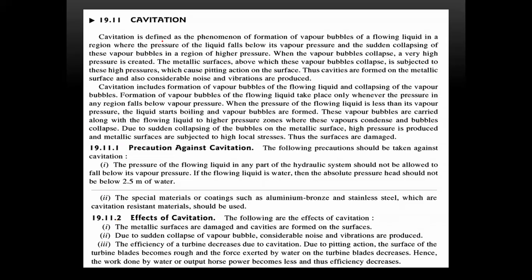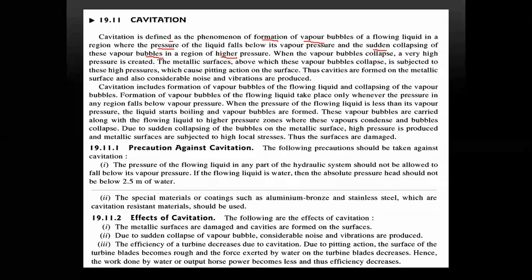Cavitation is defined as the phenomenon of formation of vapor bubbles in a flowing liquid in a region where the pressure falls below its vapor pressure, and the sudden collapsing of the vapor bubbles in a region of high pressure.